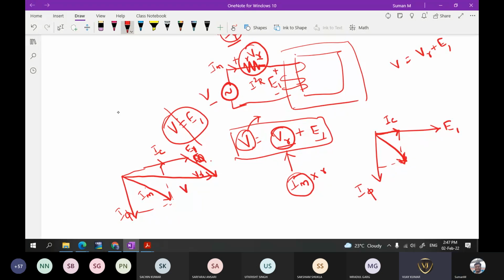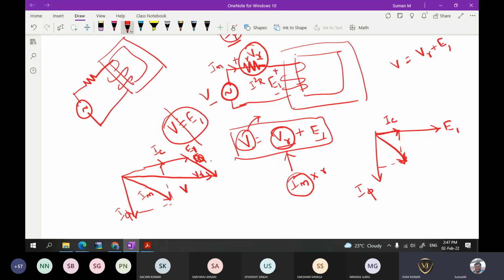This is very simple, don't get confused. So we have the circuit like this, and in this circuit we have E1 here. There is some EMF available here, which is considered as the voltage drop. Then there is some core loss component that is represented by IC.